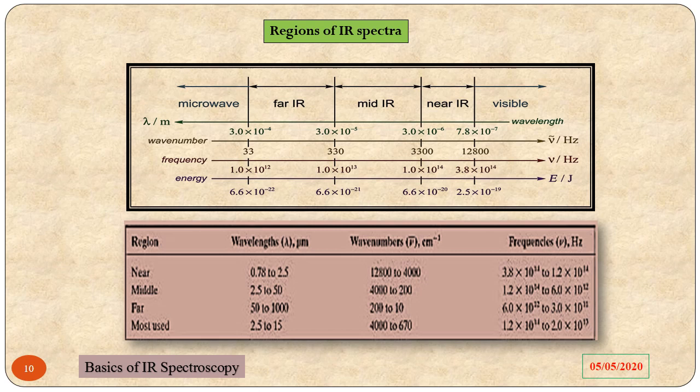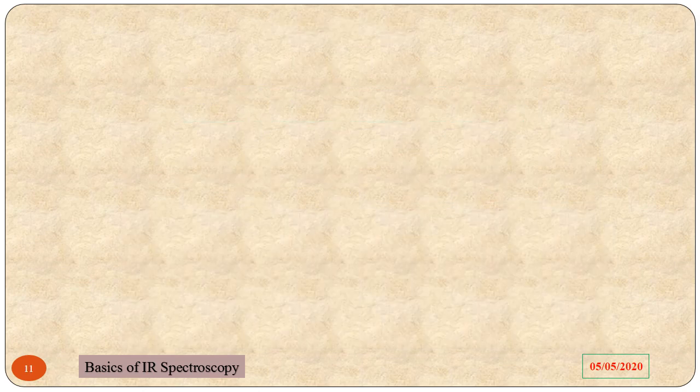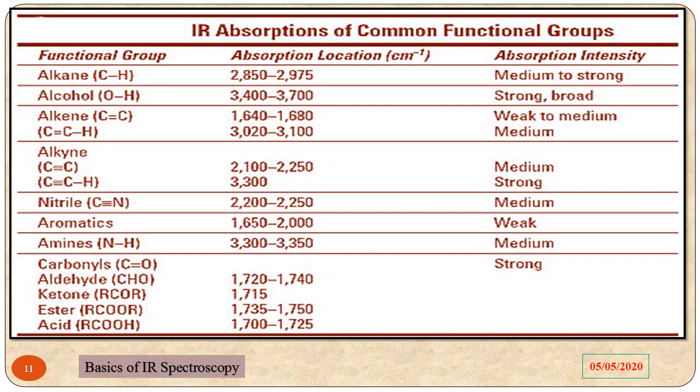Okay, now we will move towards the absorption of common functional groups. There are different functional groups like alkanes, alcohols, alkynes, some nitriles. There are some aromatic compounds also, amines, and some carbonyl compounds which include aldehydes, ketones, esters and acids.